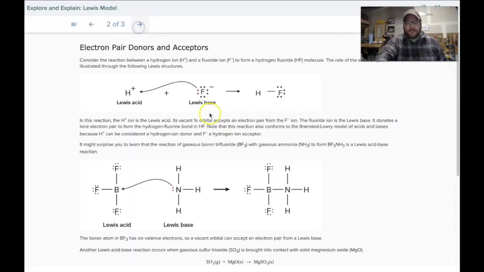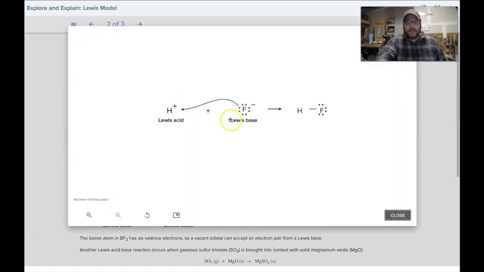And I think this is easier to see if we write out Lewis dot structures. So here is a hydrogen ion and a fluoride ion. And the fluoride ion could possibly give up its electrons to this hydrogen, right? And so if this hydrogen is going to accept electrons, that means it's the Lewis acid, and this is the Lewis base.